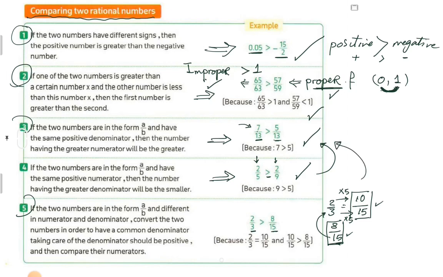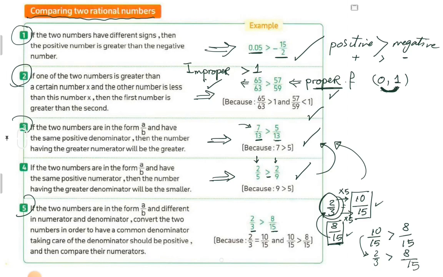Now I can say the greater numerator gives the greater fraction. So 10 over 15 is greater than 8 over 15, right? That means 2 over 3 is greater than 8 over 15.